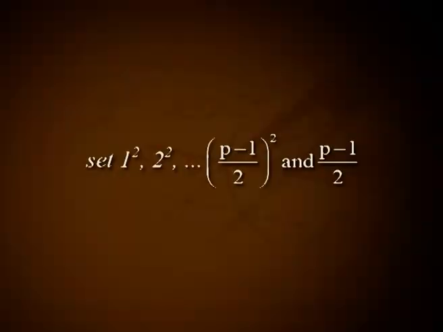Any reduced residue system mod p consists of (p − 1)/2 quadratic residues that are in the set 1², 2², etc., ((p − 1)/2)², and (p − 1)/2 quadratic non-residues.